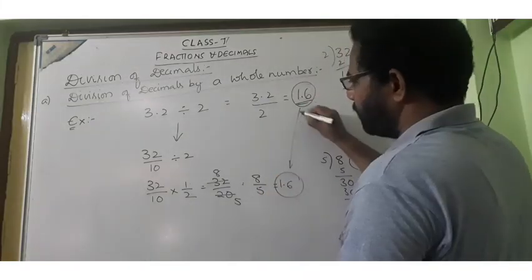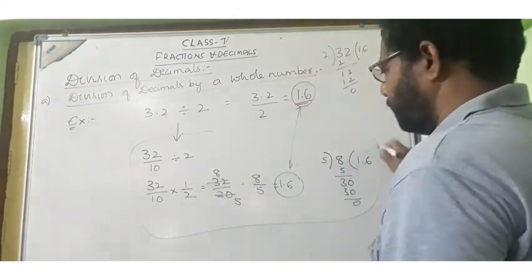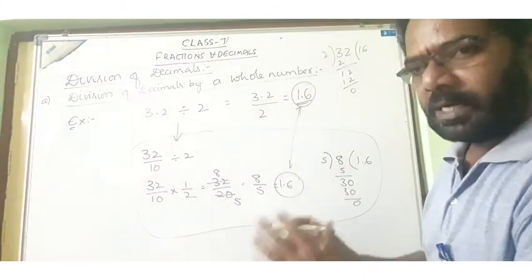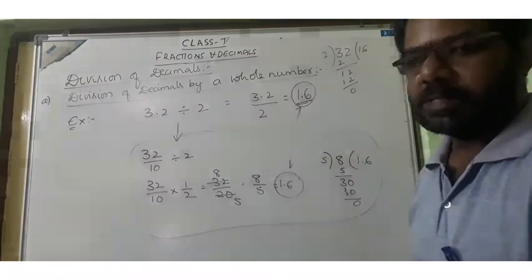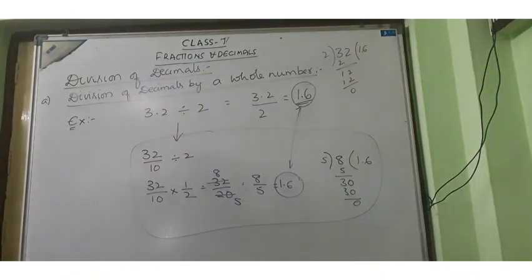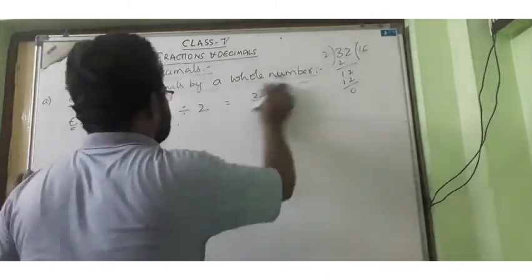So the same answer we can get. So no need to do all these things. This is for your understanding. Directly we can do the division with the numbers. After that we have to put the decimals according to the given sum. Understand? Another example we shall take. So this I am going to erase. Another example we are taking.